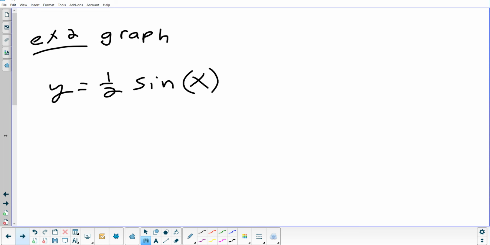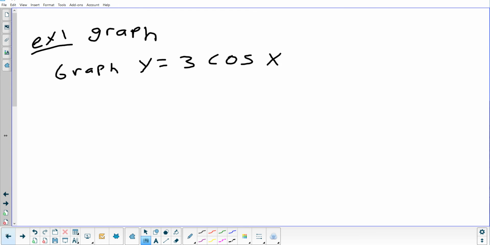Today we're doing something outside. We're also not adding or subtracting. What operation is happening between the 1/2 and the sine? Multiplication. Okay, so today, for the first one, we're going to look at multiplying outside the parentheses.